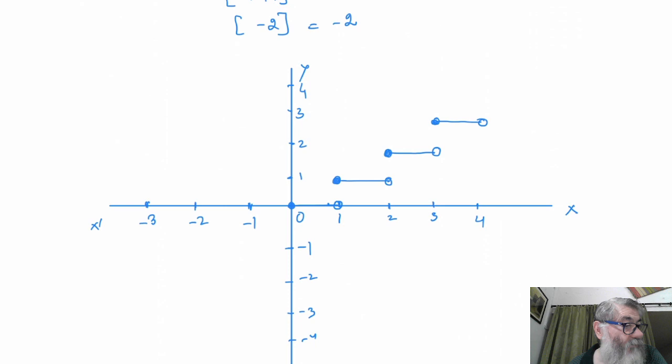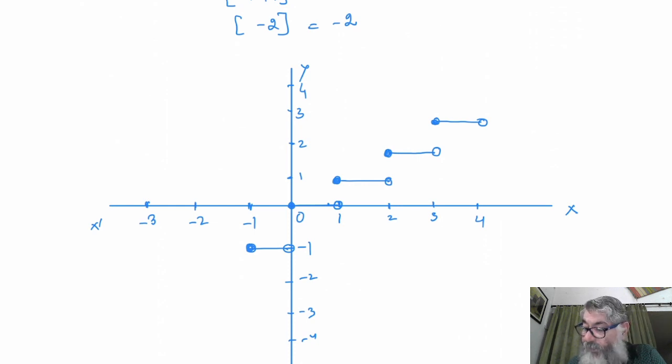And similarly here, any number which is taken between 0 and minus 1, the greatest integer function will be minus 1.